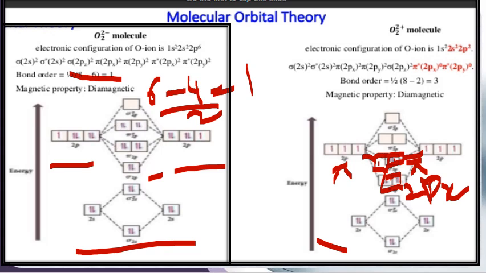Now none of the electrons will go to the anti-bonding molecular orbital, as all of them are accommodated in the bonding molecular orbitals, right? So this will give rise to the bond order. What will it be? This time it will be 6 electrons in bonding molecular orbitals minus 0 in anti-bonding molecular orbitals, divided by 2.